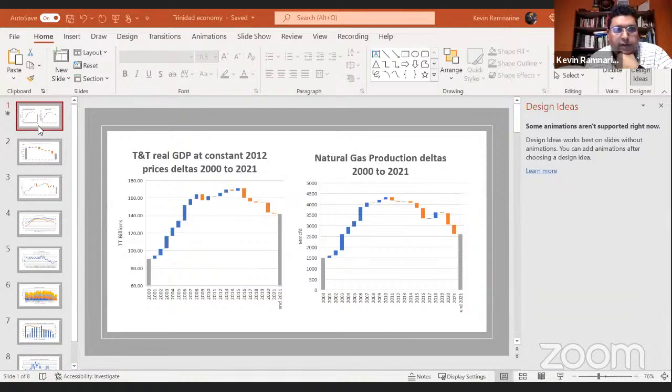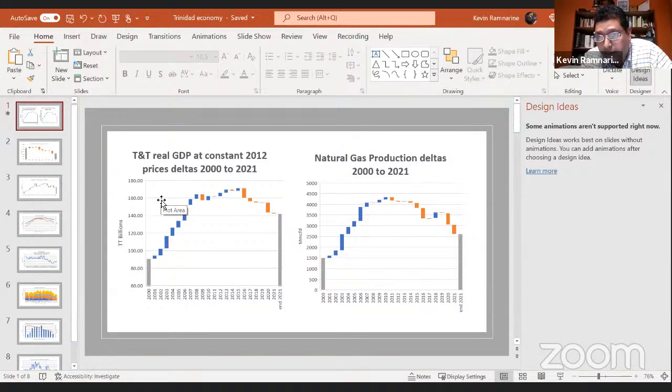All right, so that graph on the screen shows quite a lot of information, and I've gotten very fond of using what I call waterfall graphs quite recently, because I discovered that they can now be automatically generated in Excel, and are no longer manually drawn. These graphs cover the 21st century, and the one on the left shows our real GDP at constant 2012 prices, and the changes in that real GDP.